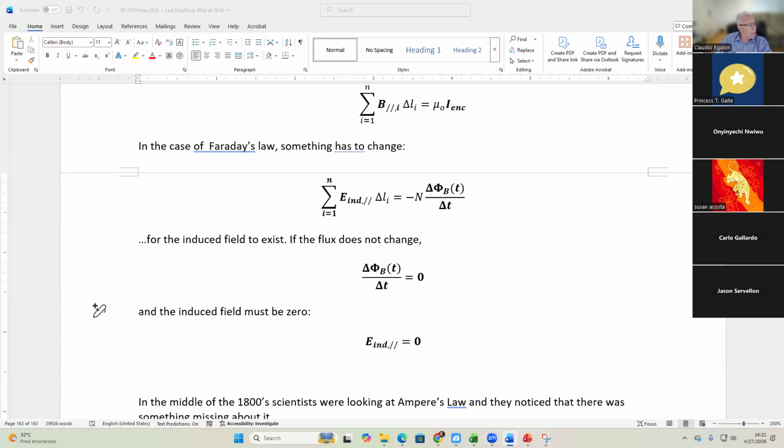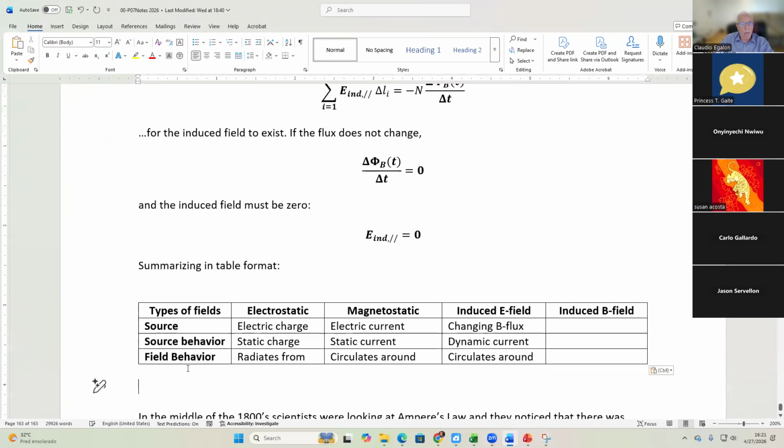So let's summarize that in a table format. We have the electrostatic field, the magnetostatic field, and the induced electric field. The source of each of those fields is the electric charge for the electric field, the electric current for the magnetic field, and for the induced electric field, a change in the magnetic flux.